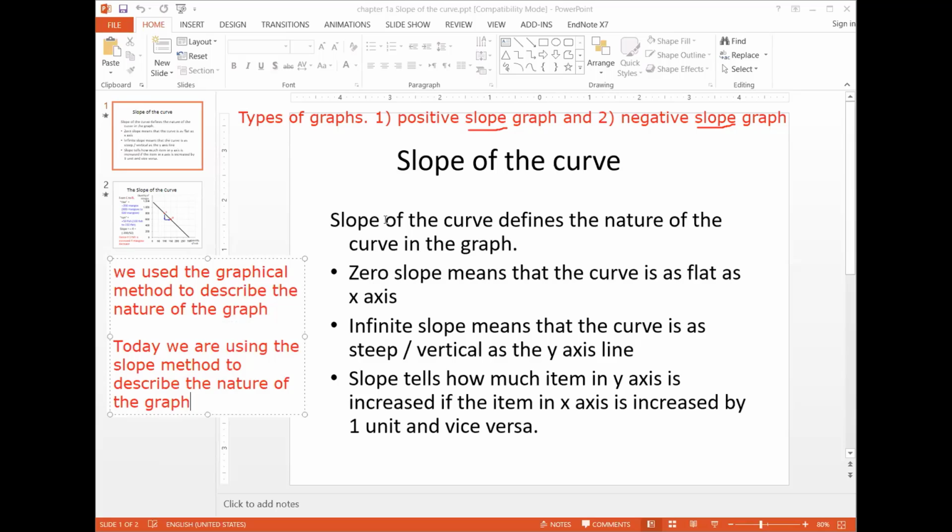The slope of a curve defines the nature of the curve of the graph. It tells us what angle the line is making with the x-axis.